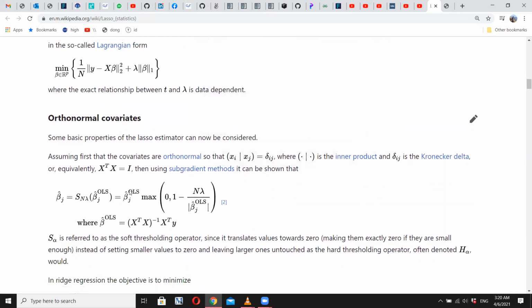So this ordinary least squares solution appears over here and it appears over here as well. Then you have the norm of this, and then simply multiply by the maximum of this. So we have a closed form solution of Lasso regression as well.